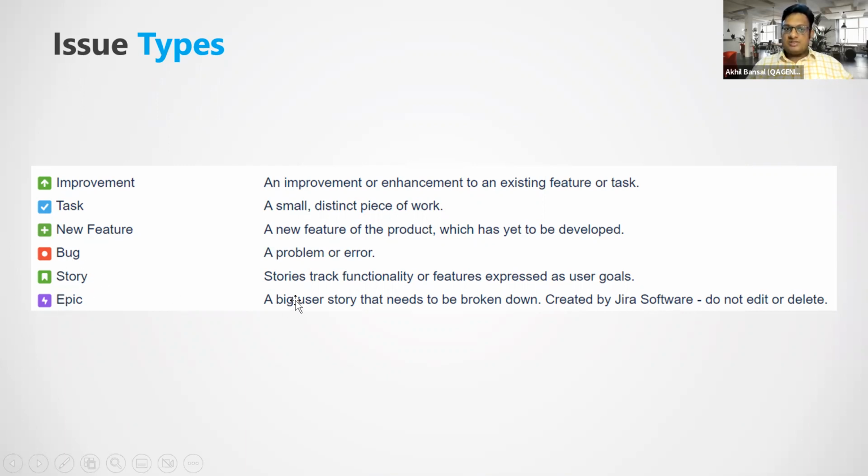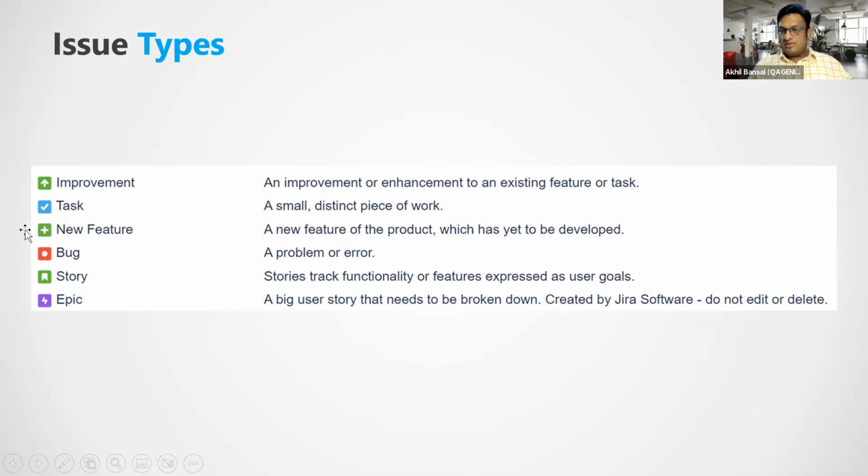And story is a terminology that comes in. Story and epic, both are terminologies that come in from the agile side of it. So story is to track the functionality of features expressed as user goals. So if you see new feature and story, these both are tied up.